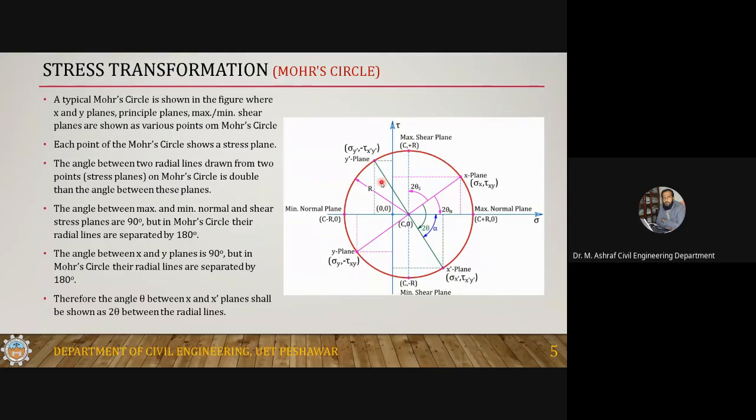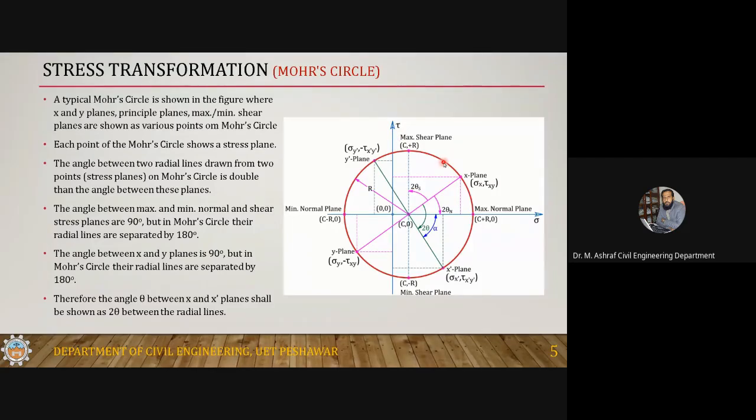Okay. Now, each point on this Mohr circle will give you two coordinates. The first coordinate will be the normal stress, and the second coordinate will be the shear stress, because the first coordinate is the abscissa, and the second coordinate is the ordinate.